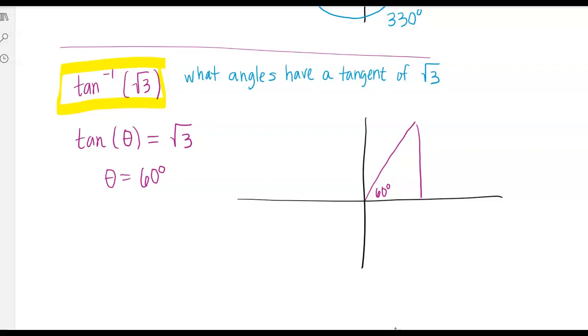The value that we were given for the tangent was a positive number. And tangent is positive in the first quadrant, and tangent is also positive in the fourth quadrant.